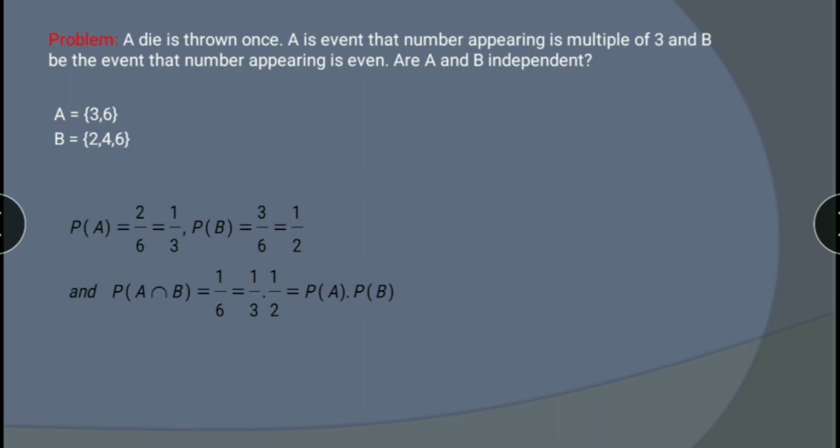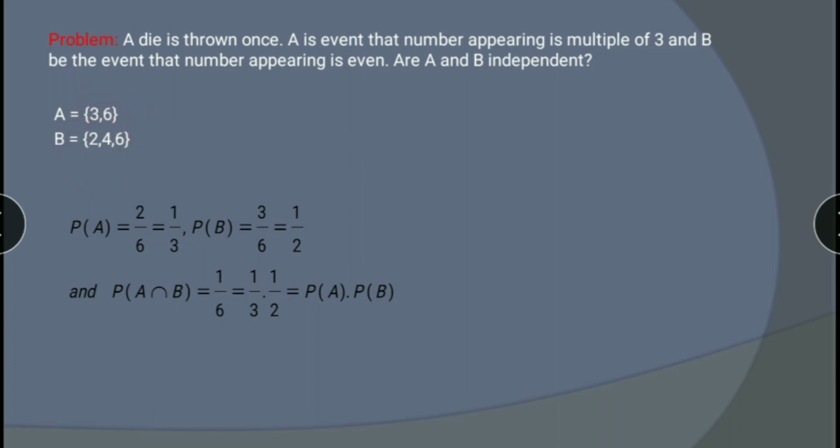So the probability of A will be 2 by 6 because there are 2 elements here, so 1 by 3. Probability of B will be 3 by 6 because there are 3 elements here, so 3 by 6 equals 1 by 2. We have to find out if they are independent or not. If they are independent, then probability of A intersection B will be equal to probability of A into probability of B. So let's see what is the probability of A intersection B. What's there in the intersection of these two sets? 6 is the common term, right?